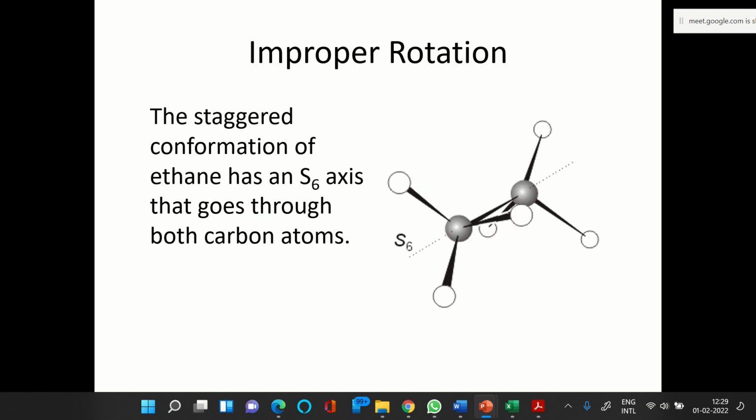So this improper axis is present in the staggered conformation of the C2H6 molecule, the ethane. It is an S6 axis.